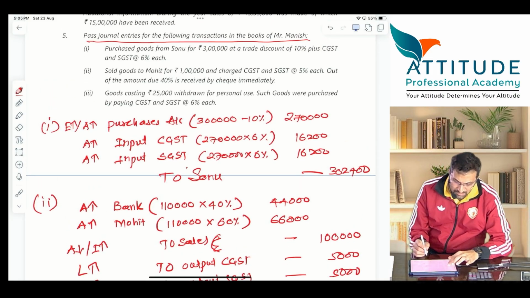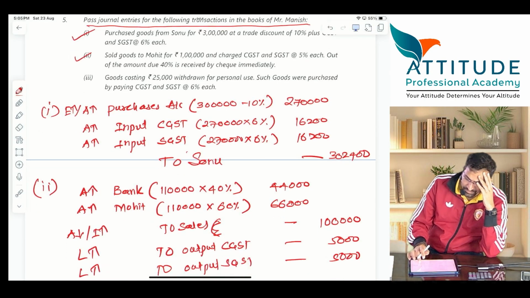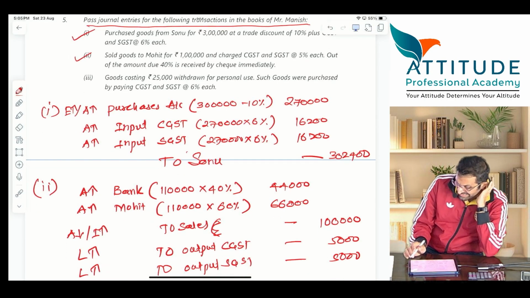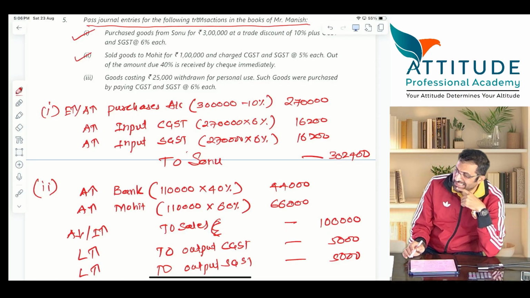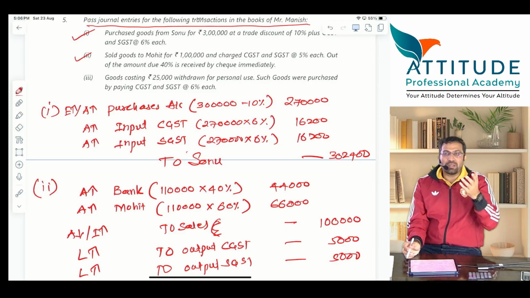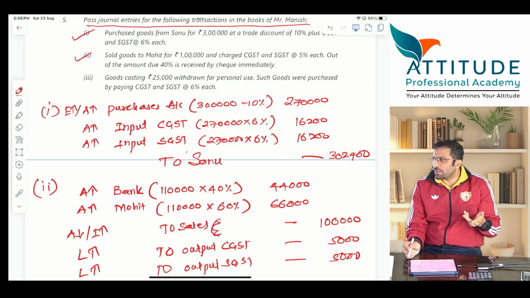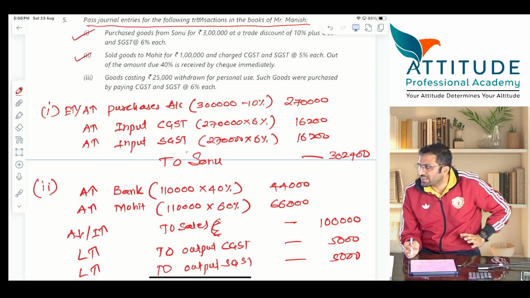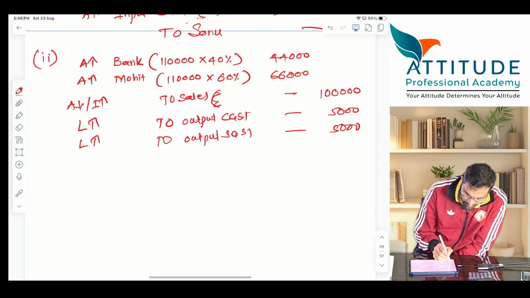The second is done, the first is done. Third: goods costing 25,000 withdrawn for personal use. Such goods were purchased by paying CGST and SGST. See, when you purchase the goods, input GST arises. When you withdraw the goods for personal use, that input GST should get what? Reversed. Is that clear? So tell me the entry.